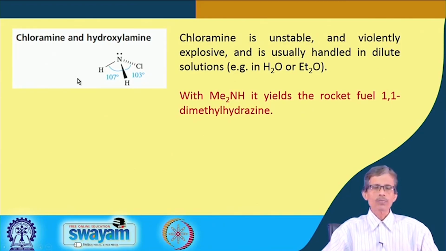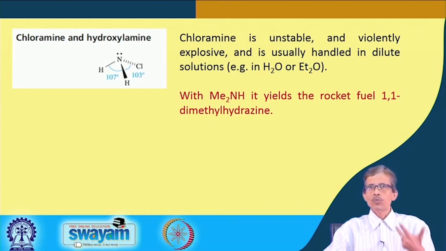How can we prepare it? Previously we have seen that hydrazine can be prepared from the reaction of chloramine with ammonia, that means NH2Cl plus NH3, a very simple reaction giving rise to hydrazine plus HCl. Similarly, we can go for a reaction with an organic amine now. When we substitute one hydrogen of ammonia by a methyl group, we get methylamine, and substituting two of the N-H bonds by two methyl groups gives the corresponding dimethylamine.